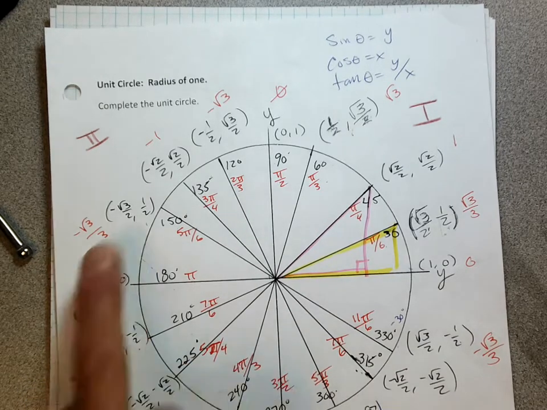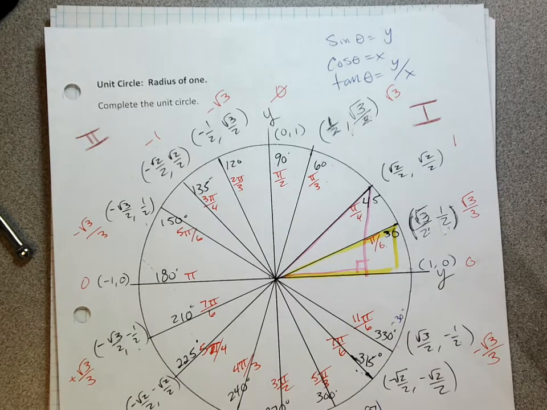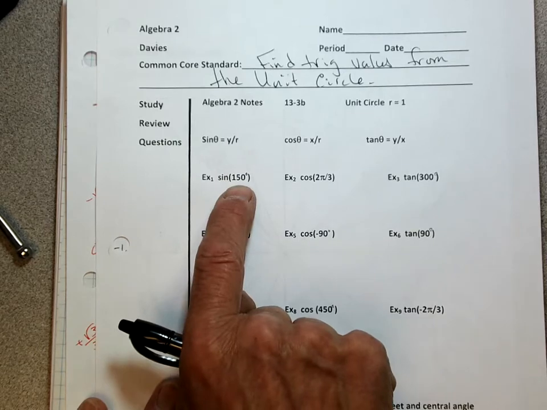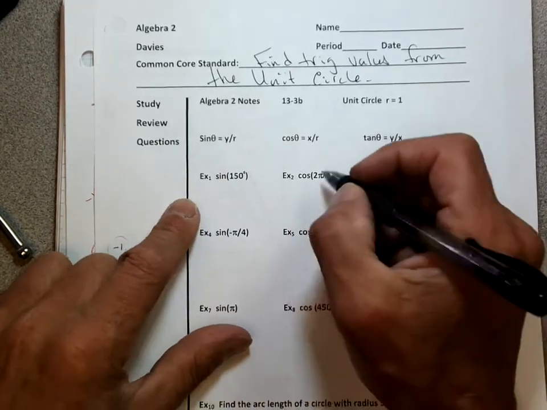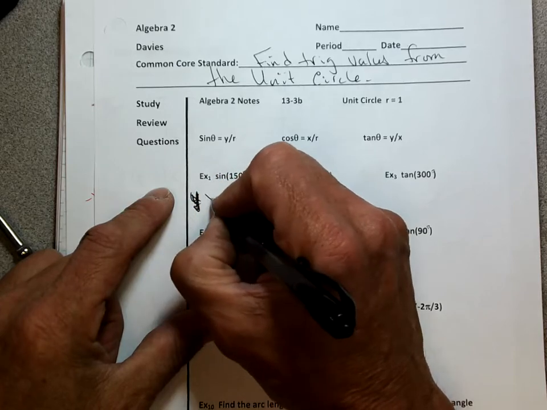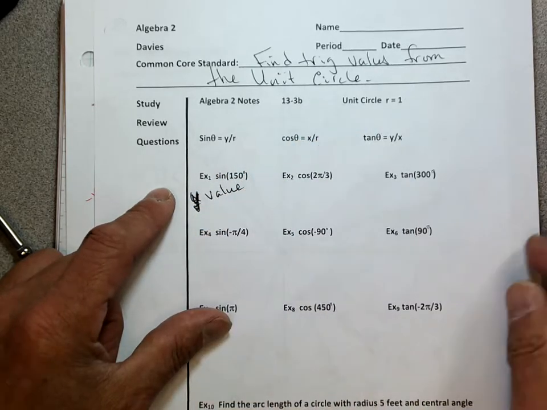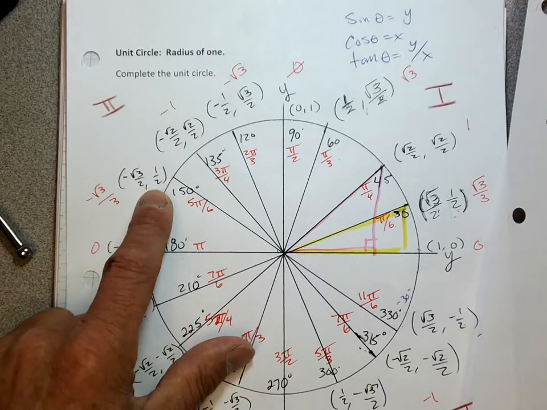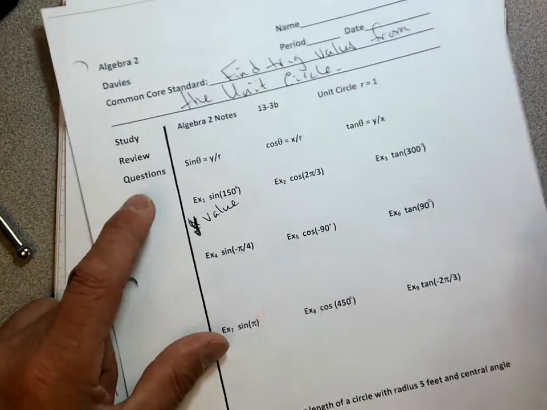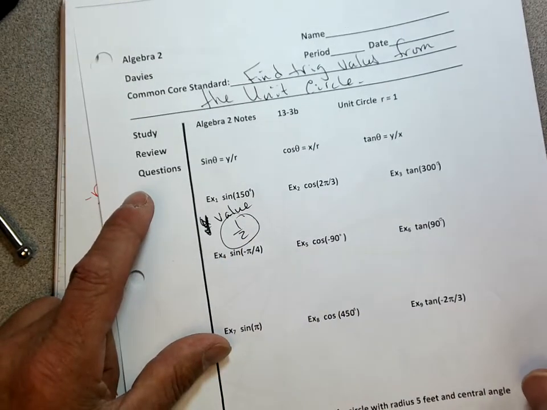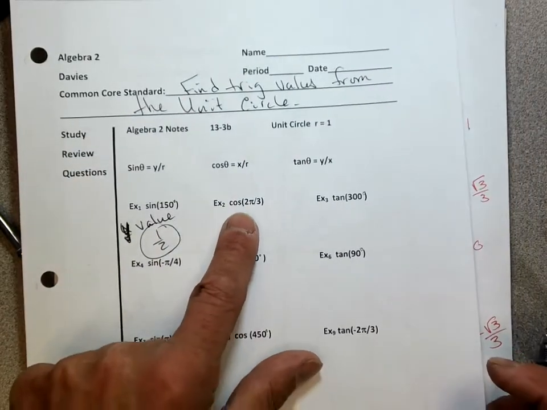Check it out. I am recording, yeah. So you ready? Sine of 150 degrees. Sine is the y value, right? 150 degrees is there. The y value is 1/2. That's the answer. You can check it on the calculator if you want to, but it is 1/2. Cosine, 2 pi thirds.